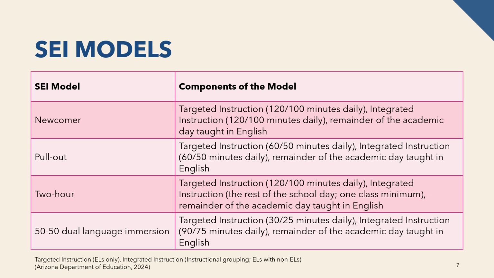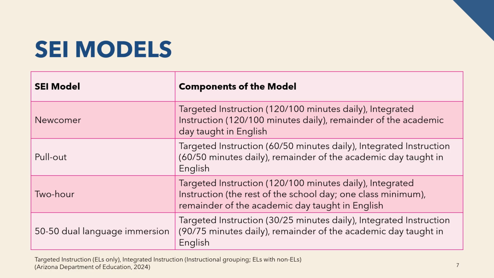And then our 2-hour model is pretty similar to the newcomer, but after the targeted instruction, it really goes into English instruction for the remainder of the day. And our 50-50 dual language immersion model does have to have a parental signature saying that they give authorization for this model to be utilized.